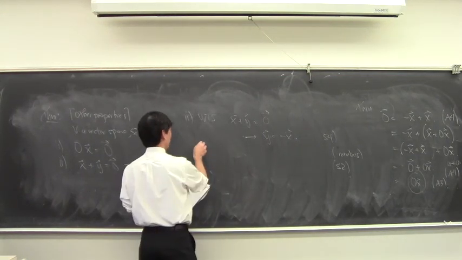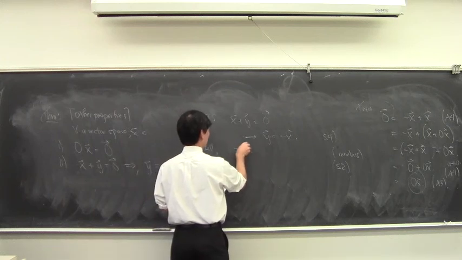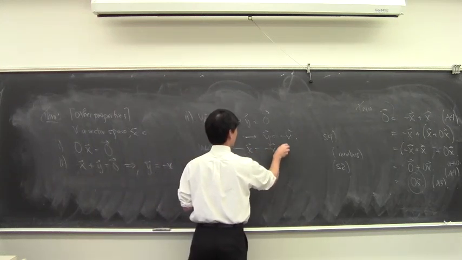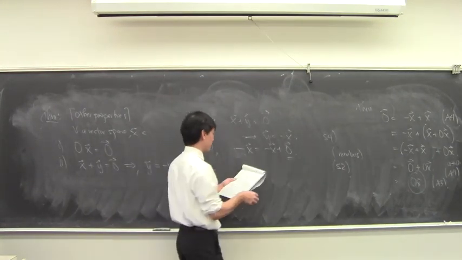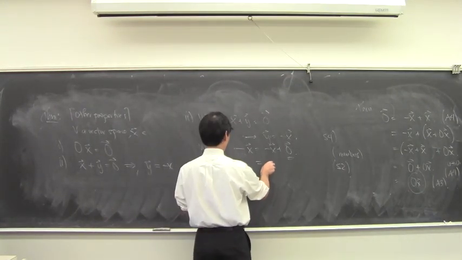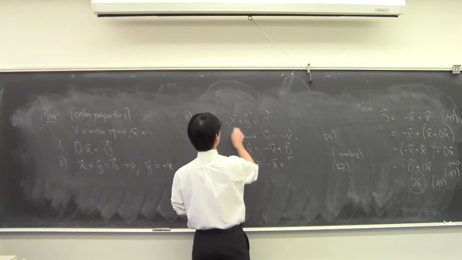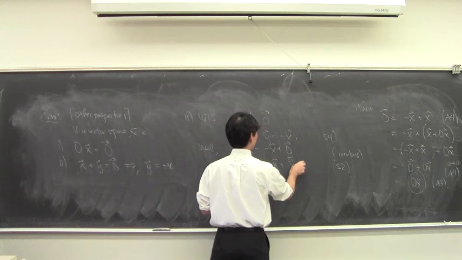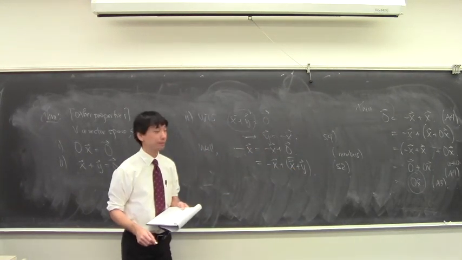Okay, you say, well, negative x is negative x plus the 0 vector, because the 0 vector has that property. So that's negative x plus x plus y, by hypothesis.